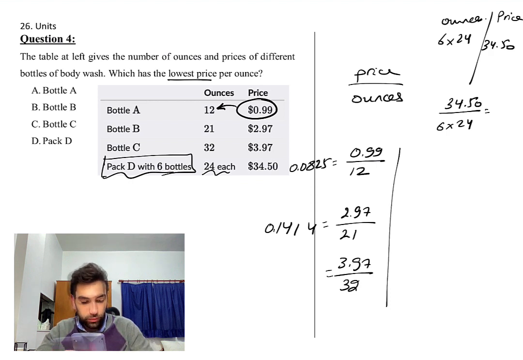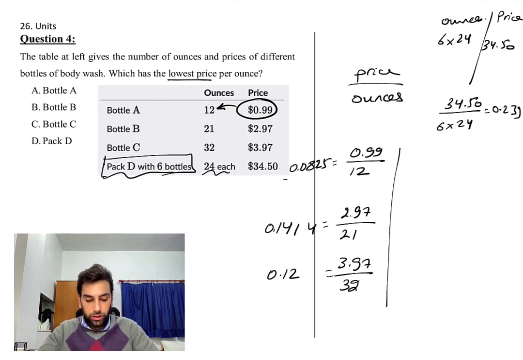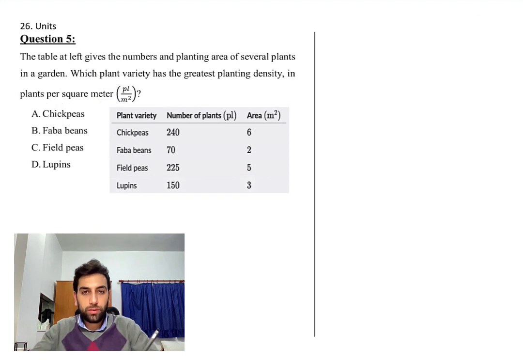This is equal to 0.12. And last but not least, that's 34.5 divided by 6, then divided again by 24, and you will get 0.239. Now looking at the lowest value, obviously it is choice number A, and accordingly our answer would be for the bottle A.